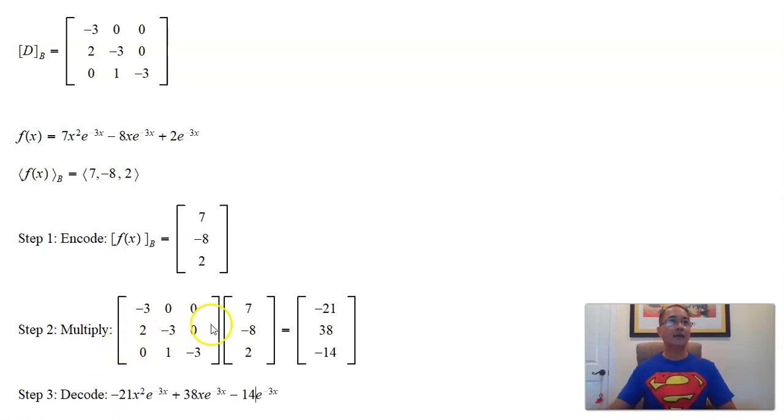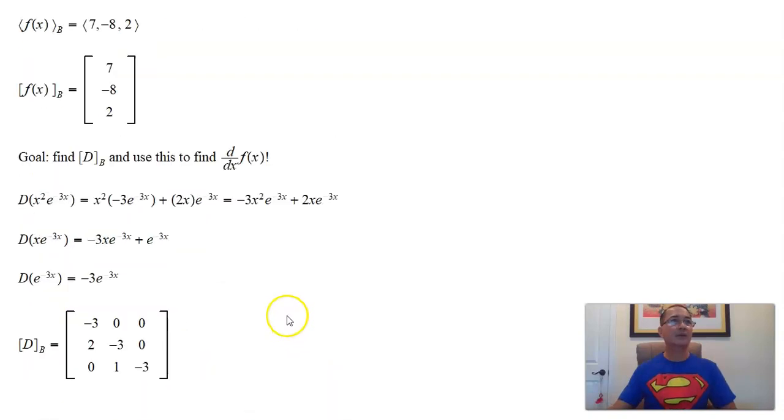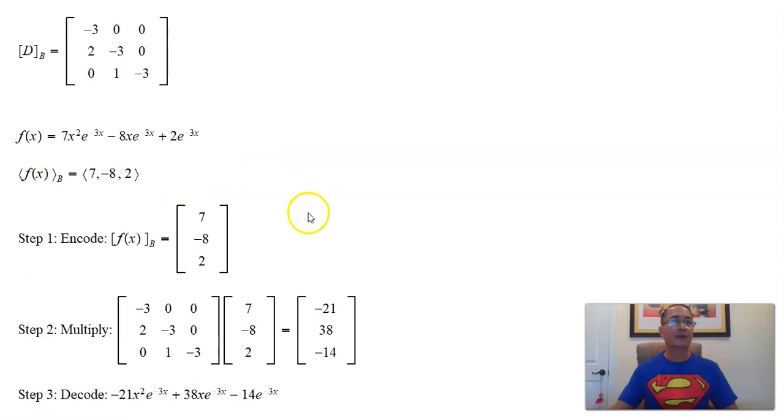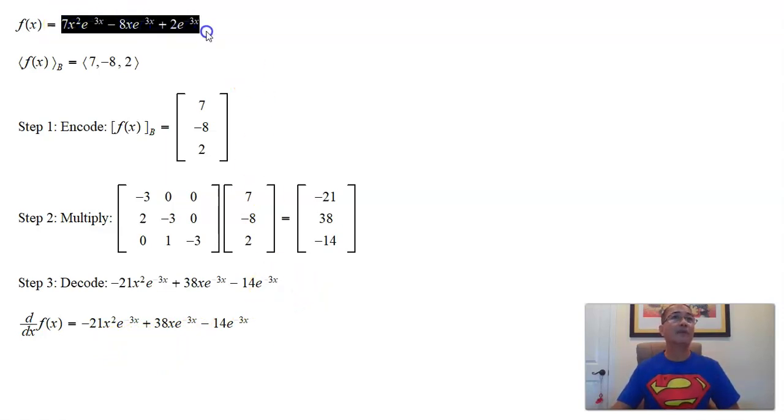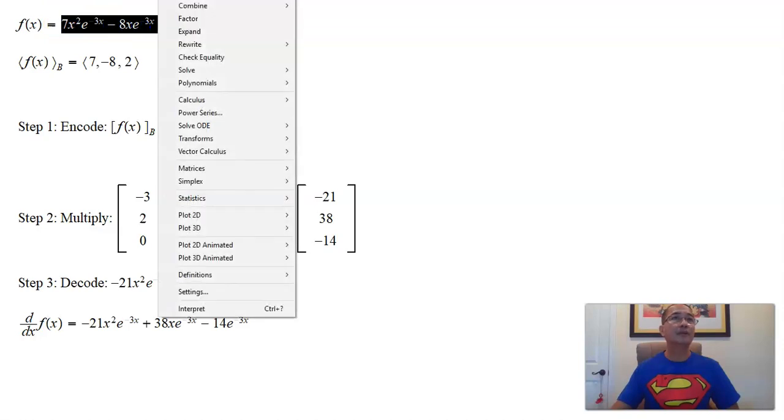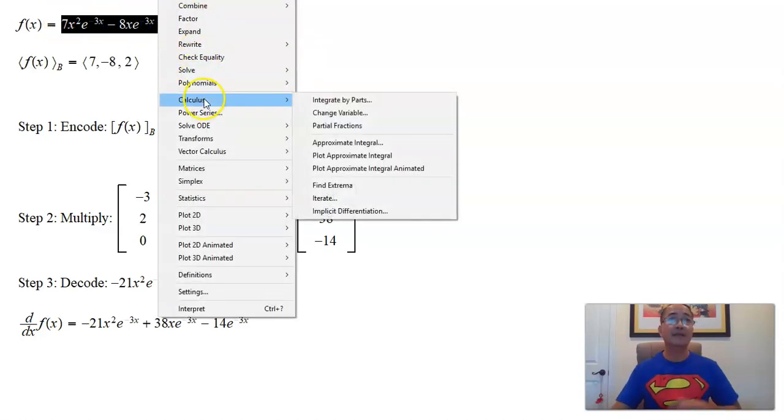So that is the derivative of our function. If you like, we have achieved our goal. The derivative of our function is exactly this. Well, let's check. We have Maple, compute, calculus.